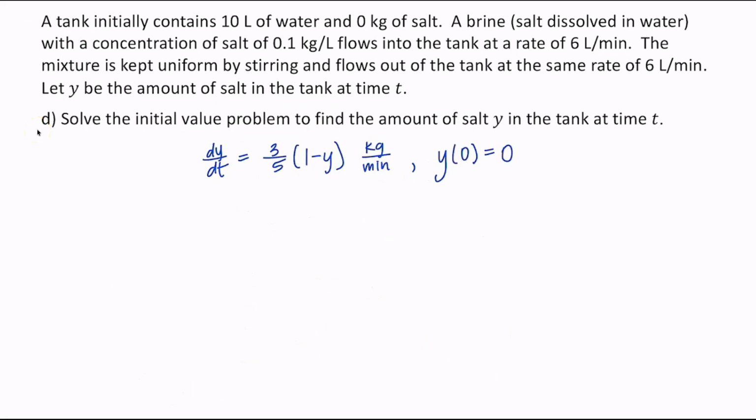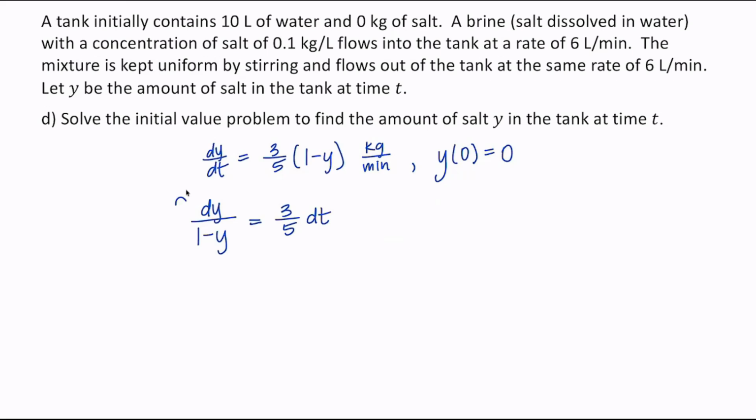And now part D is really the big part. Let's solve the initial value problem to find the amount of salt y in the tank at time t. Notice that my initial value problem is a separable differential equation. I can divide by 1 minus y, so I get dy over (1 minus y) is equal to 3/5 dt.